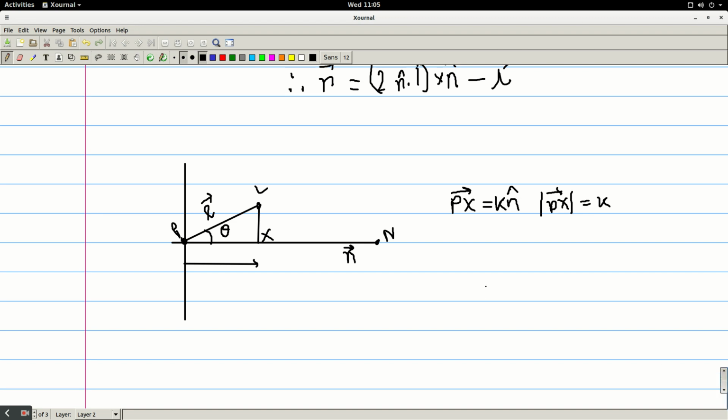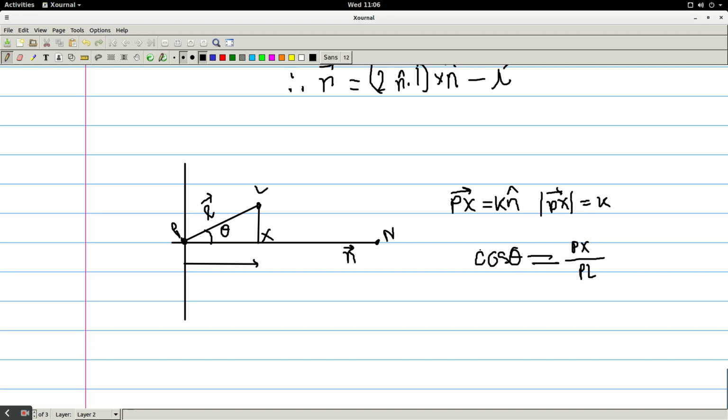So let us go the long route. I'm going to write them down. Cos theta equal to base, which is Px, divided by PL. We can write it that way. Now, the problem that we have right now, this Px and PL, they can be treated as points, but we really have vectors.